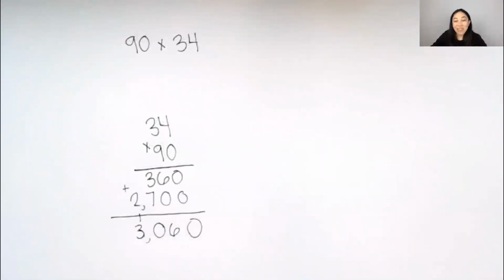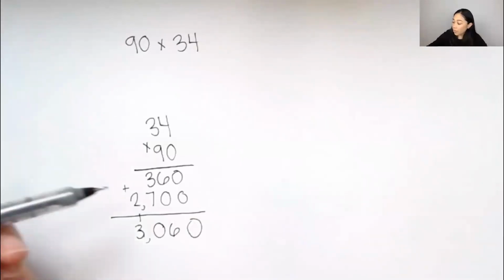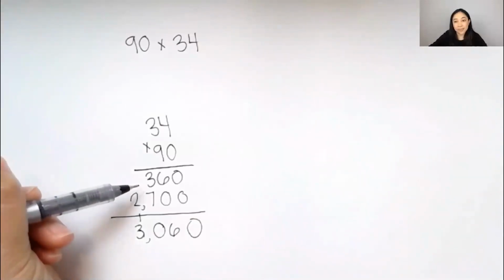Welcome back. How did you do? Go ahead and take a moment to compare your work with mine. First, I envisioned the smaller rectangle, 9 tens times 4, which equals 36 tens, or 360.